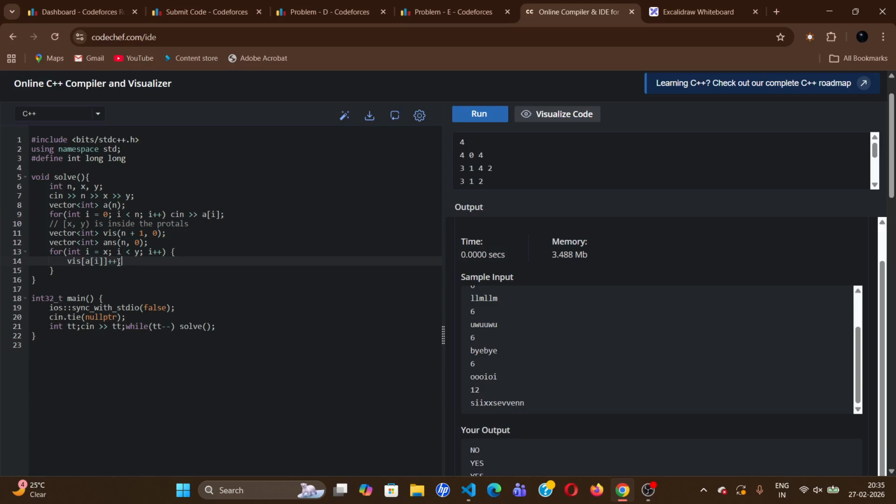Now we will try to make them shorter. Yeah.